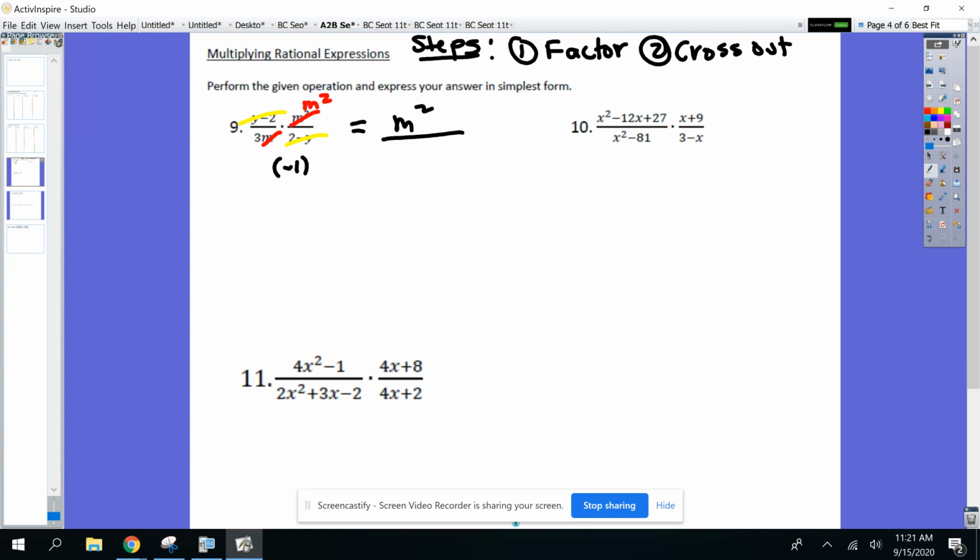Negative 3. How do you get negative 3? 3 times that negative 1 that was left. You good? All right, nice job. If you left that negative 1 on top, it would just be negative M squared over 3. That's an acceptable answer too. Everyone good? Okay.